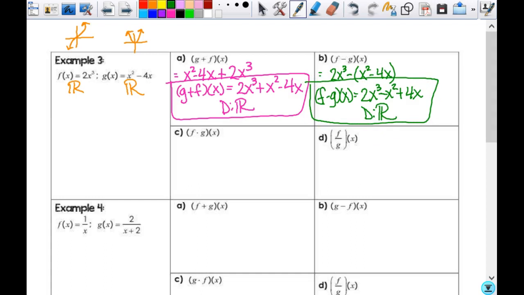Everybody okay with all that? So then f times g of x. So f, which is 2x cubed, times g of x, which is x squared minus 4x. This is pretty simple to do. This would give me f times g of x. So what's 2x cubed times x squared?